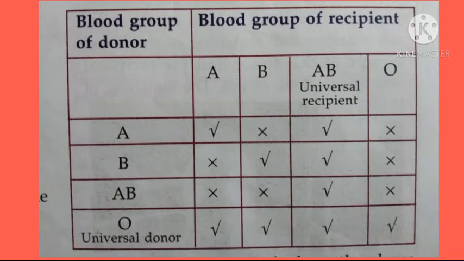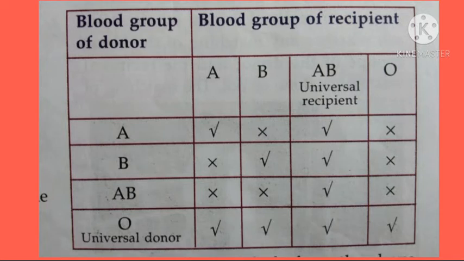Donor blood group A: the recipient can be A, and also AB, but not B or O. Donor blood group B: recipient A is not possible, B is possible, AB is possible, and O is not. Donor blood group AB: A is not possible, B is not possible, only AB, and O also not.